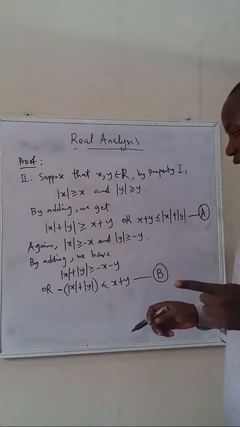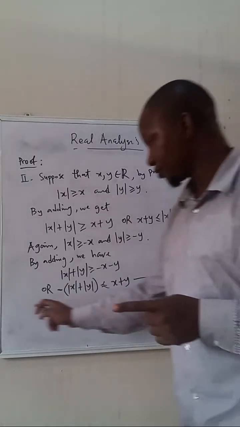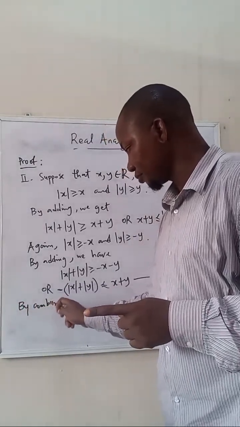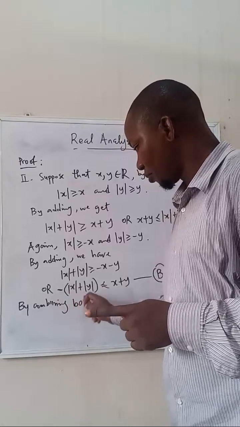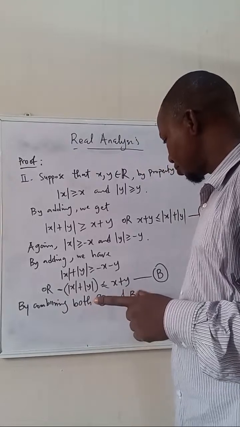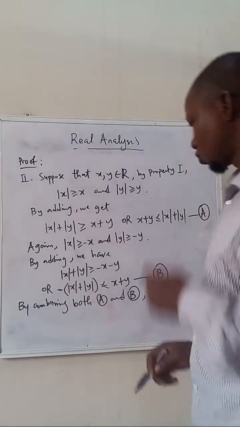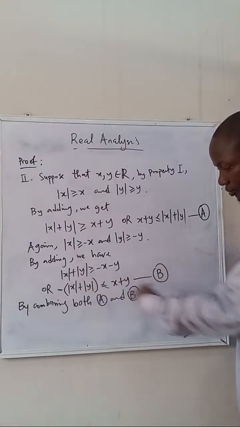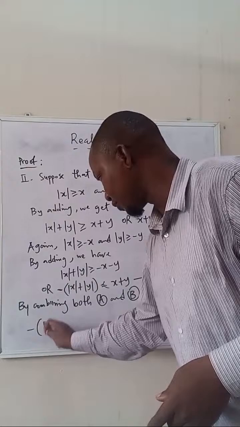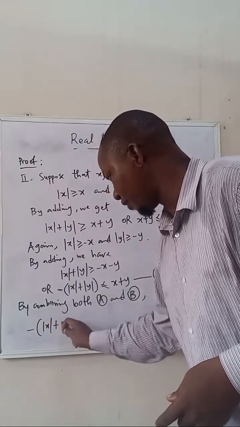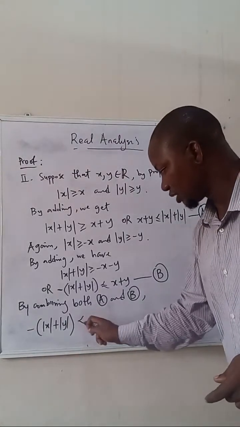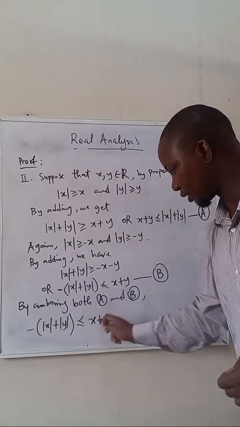If we combine both A and B together, now from B we have that minus absolute value of x is less than or equal to x plus y.